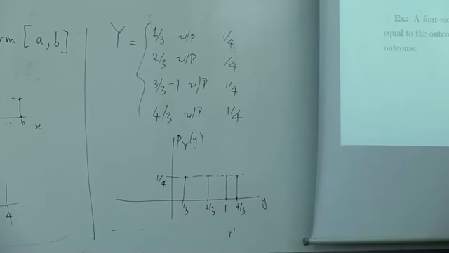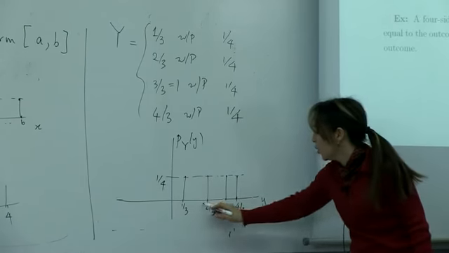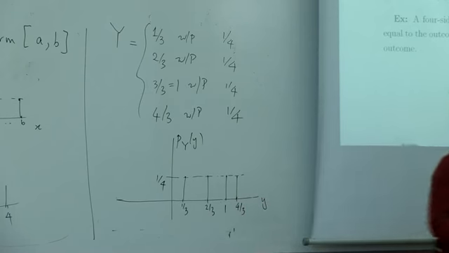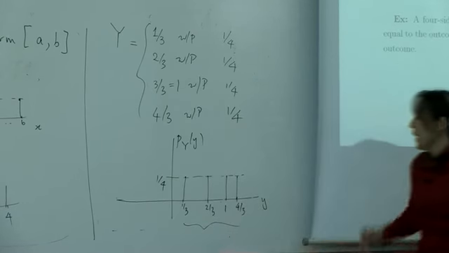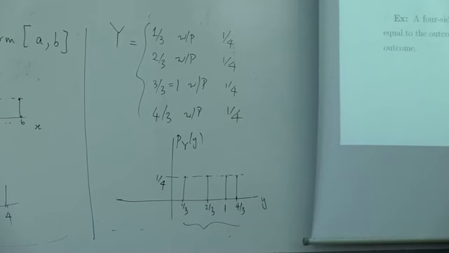Why? Because it doesn't take all integer values from some a to some b. It just takes values that are arbitrarily placed between the value 1/3 and the value 4/3.